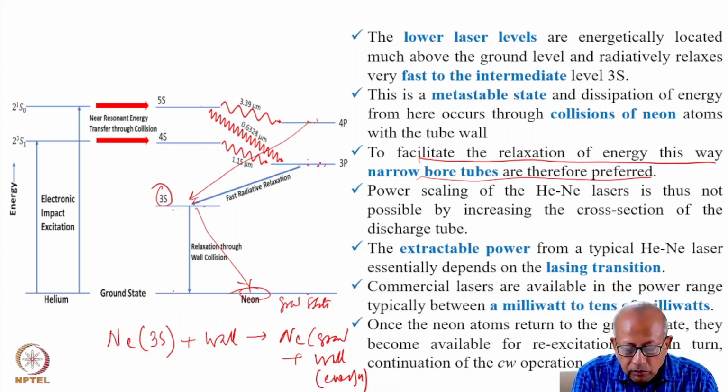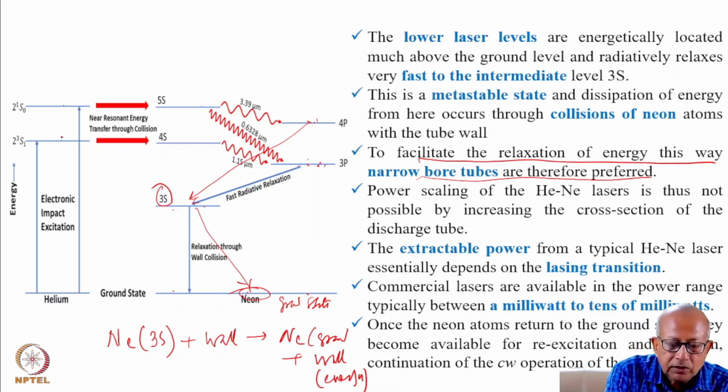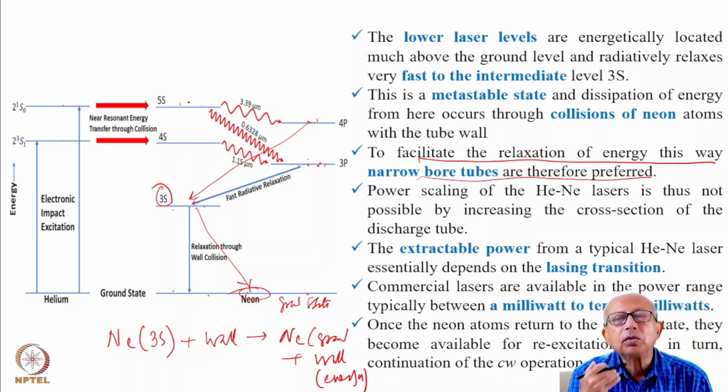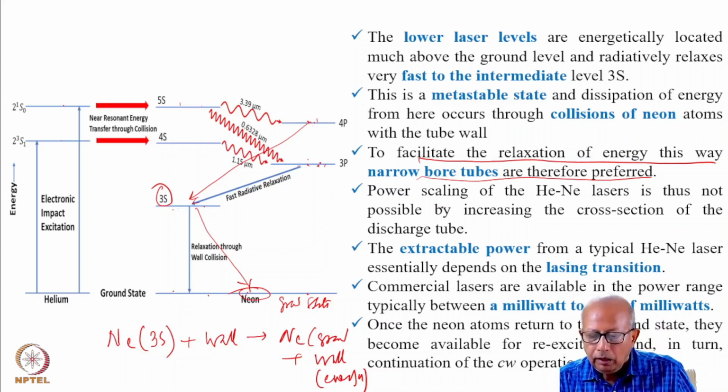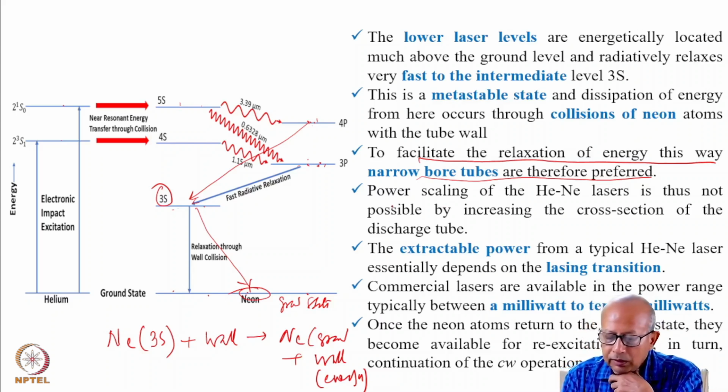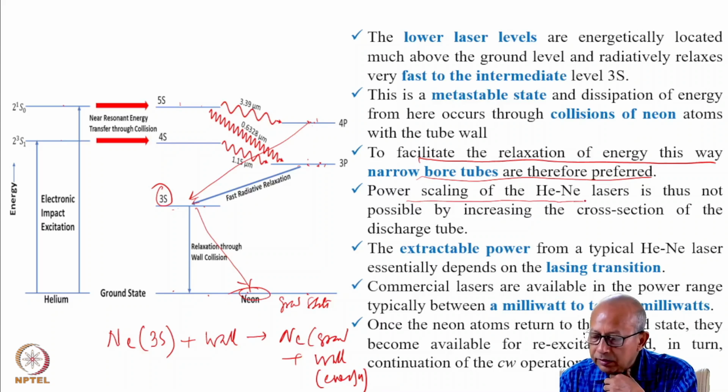Because once the neon comes to the ground state, it will again collide with helium at the excited states, and the population from the ground state will once again go up to the upper laser level, and the process of lasing will continue. So therefore, you see, the power scaling of the helium neon laser is not possible by increasing the cross section of the discharge tube.